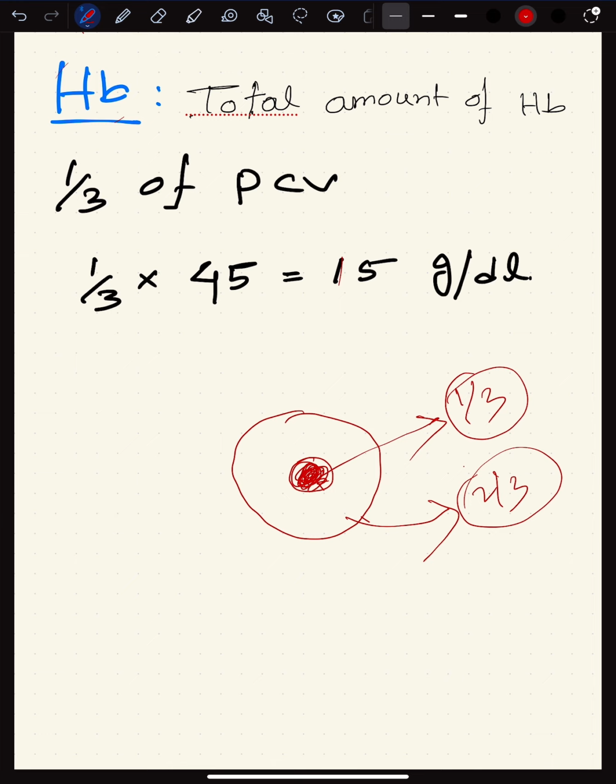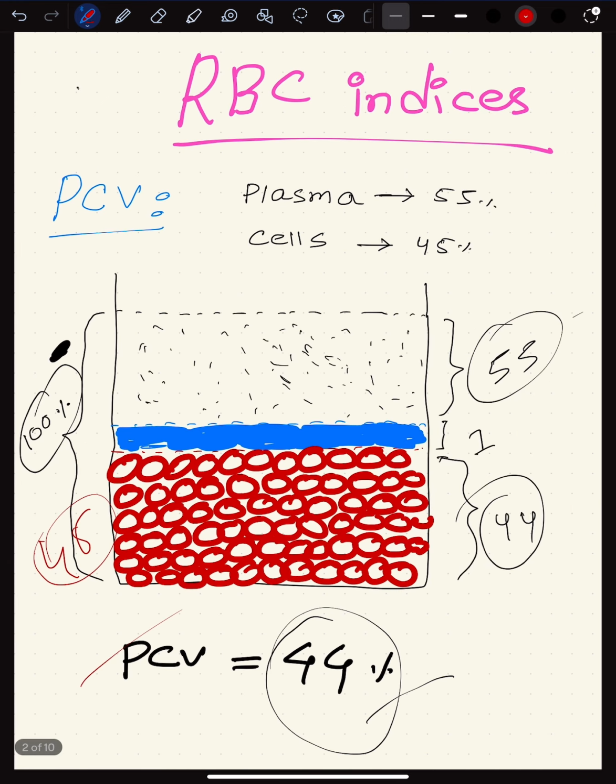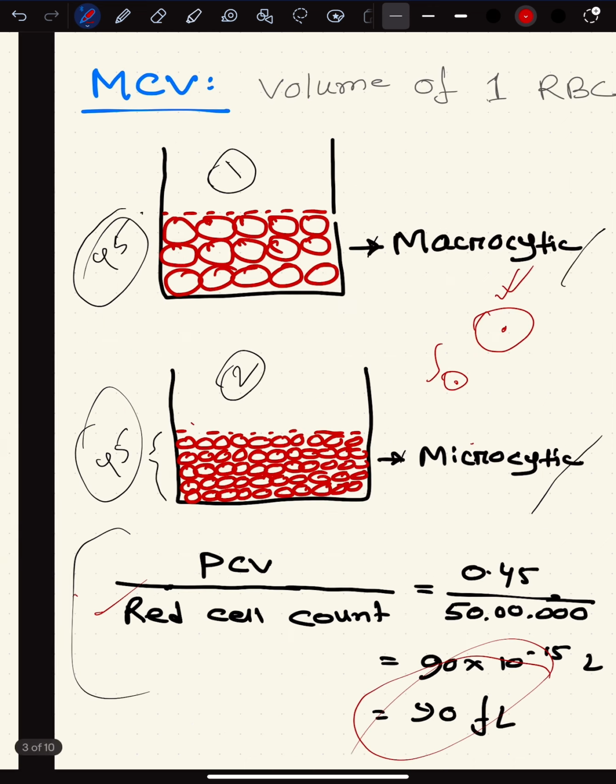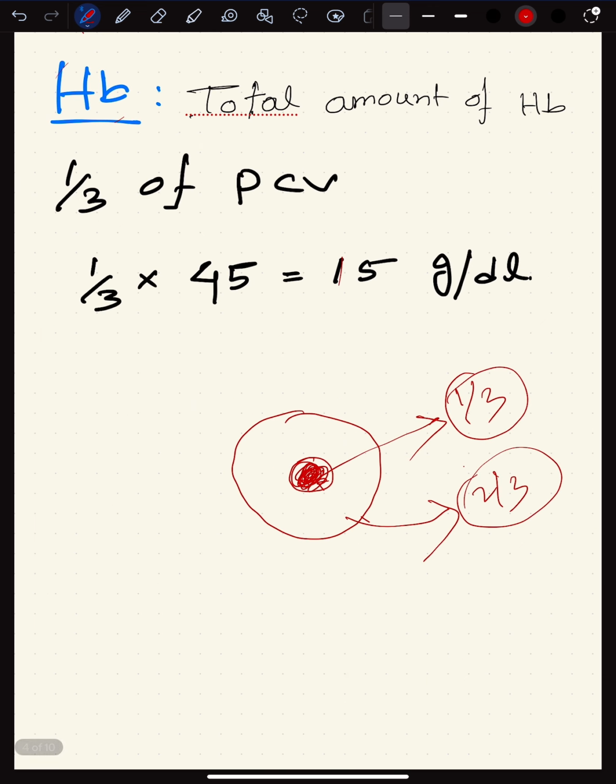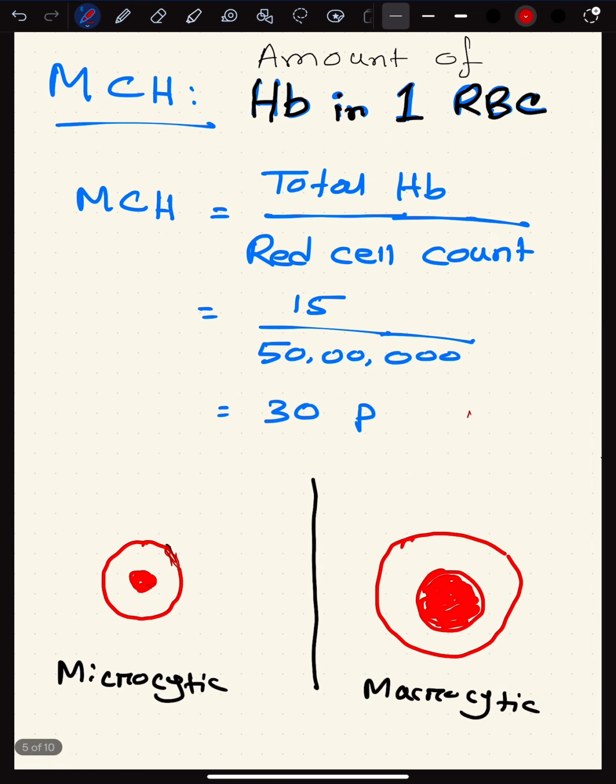So as you can see, this is the packed cell volume, the total volume of RBC, that is 45%. In this 45%, the hemoglobin will be one third. So if you do the math, you'll get 15 gram per deciliter. So this is the total hemoglobin of our body, that is 15 gram per deciliter.